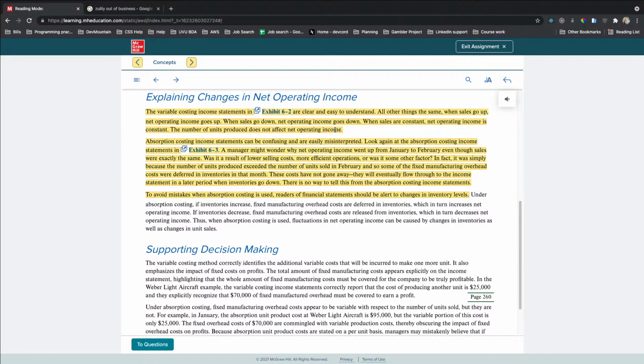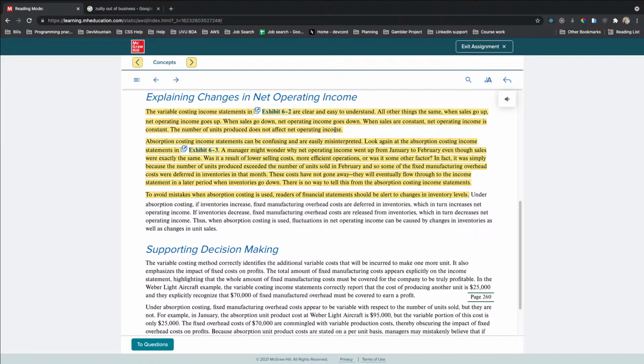Okay, I think all other things the same, I can agree with that statement. I mean, the number of units produced does not affect the net operating income. I think so many people would disagree with that statement. But all other things the same, sure. Whatever that means.